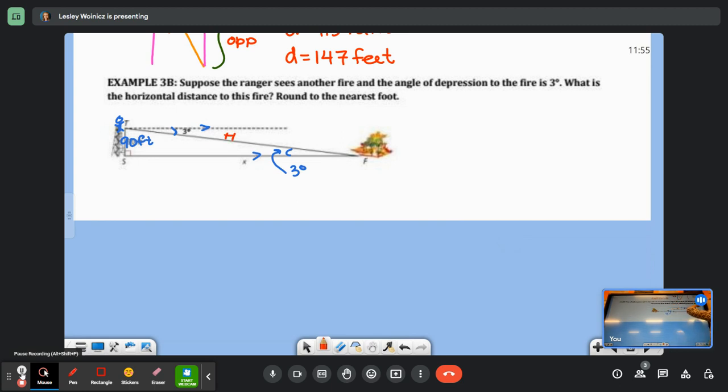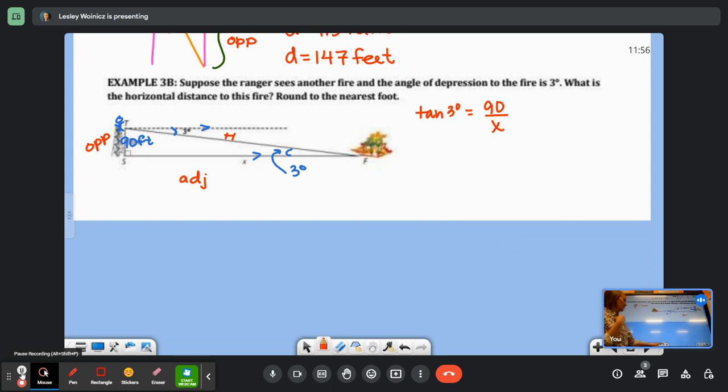So from my 3 degree angle, well, this one is always the hypotenuse no matter what. What is the 90, opposite or adjacent? Opposite. And then x is my adjacent. Maybe we just set this one up. Okay. And so we're going to say that, did you say tan? Mm-hmm. The tangent of 3 degrees equals our opposite 90 over our x.